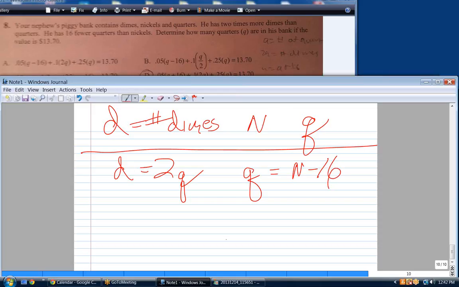Now the key equation is how much money he has. This is a recurring coin problem, so you really need to learn how this is done. If you've got a pocket full of change and you've got 12 bucks in change in your pocket, how'd you arrive at that?